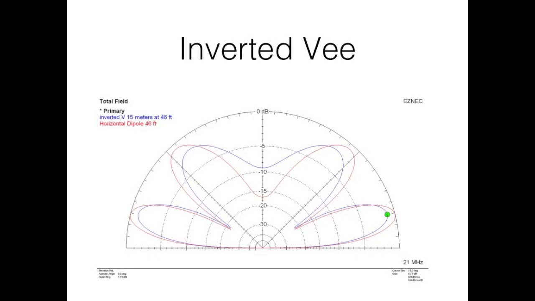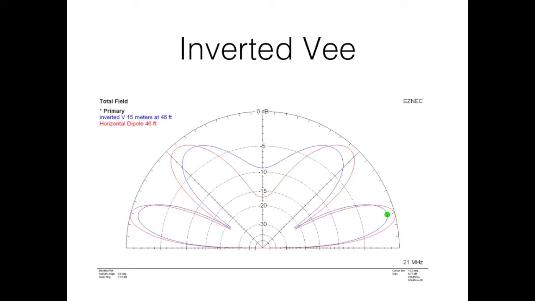Now, this is an EZNEC plot of the inverted V in the blue trace and a completely horizontal dipole in the red trace. The dipole at 46 feet and the inverted V at exactly the same height, 46 feet. And as you can see by the plots, there's very little difference between the two antennas, with the horizontal dipole edging out the inverted V by just maybe 1 or 2 dB.